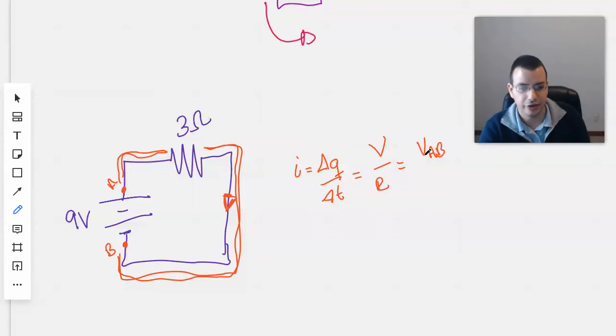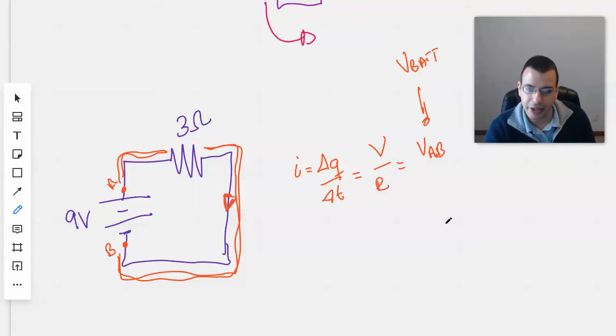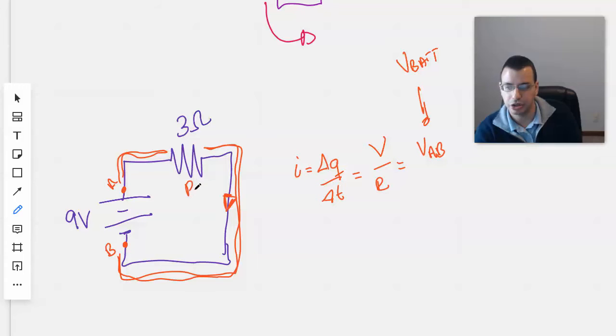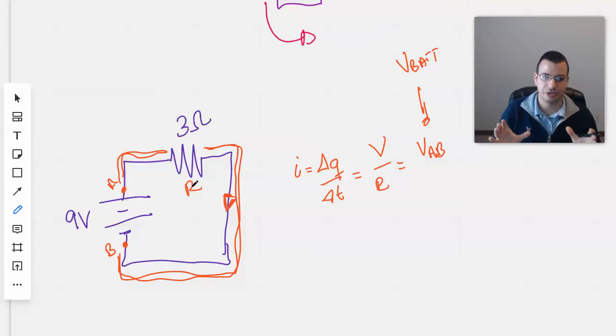So when I say the voltage, what I really mean is the voltage across the battery here. And you could also write this as maybe V battery. And then this will be the resistance R, since we assume all the resistance is in the resistor. Now there's going to be some resistance in the wires, there's going to be some resistance in the battery, but for an ideal schematic sense, we assume it's all in the resistor.